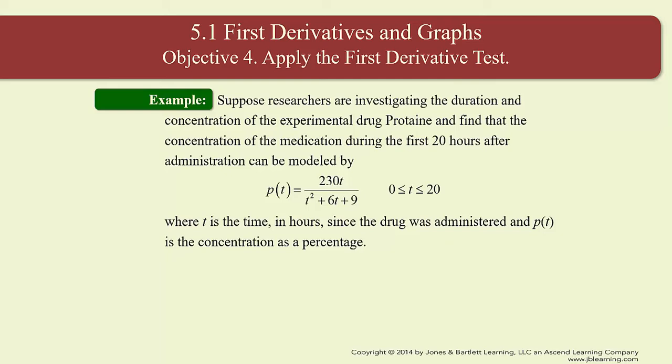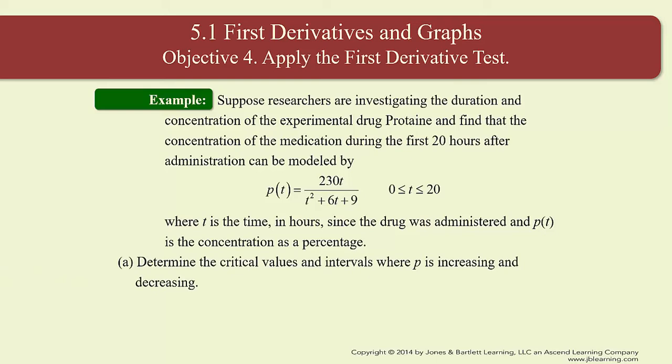In part A, we're going to find the critical values. Then that will help us find intervals where this function p is increasing and decreasing. And then we're going to find the relative maximum and interpret each coordinate of the relative maximum. So again, get this written into your notes because I'm heading off to the chalkboard.